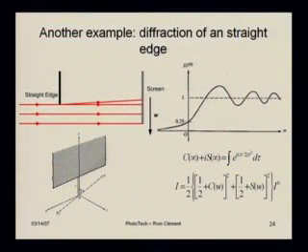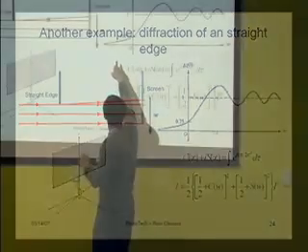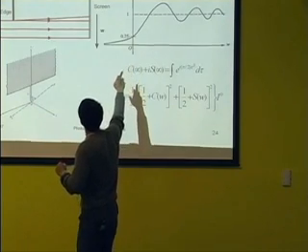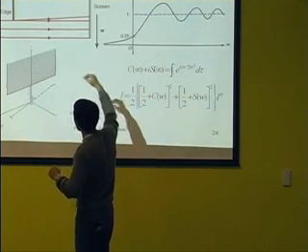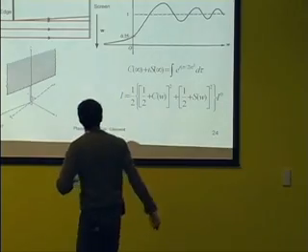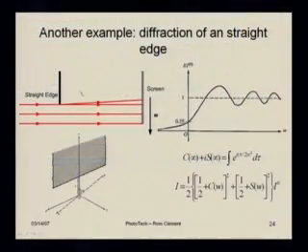But if I go down my screen, my intensity of light will increase, and I will have some light behind my straight edge. Right here, as seen on the curve, I will have 25% of the light, and then I will have a certain oscillation of the intensity, and then it converges to 1. So the math is a little bit tricky, but it's interesting.